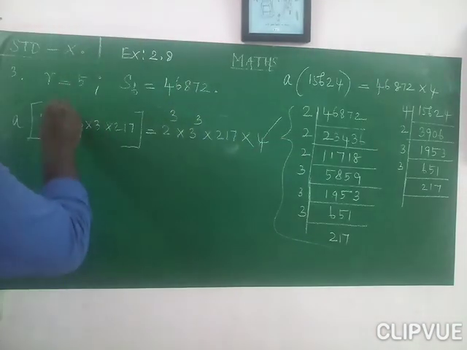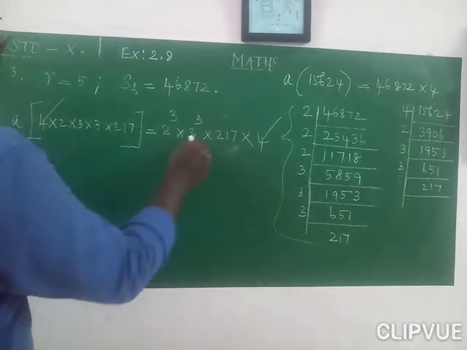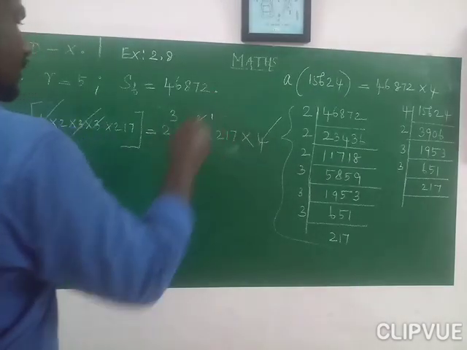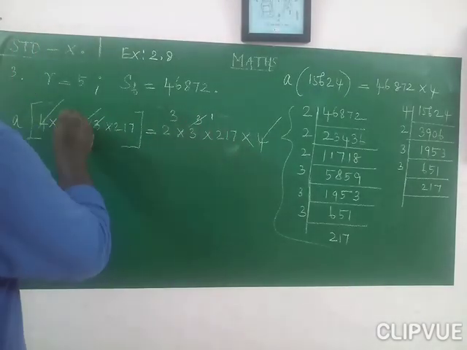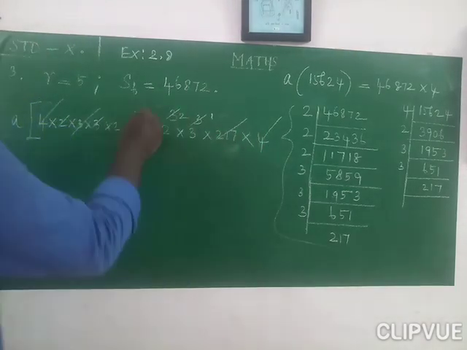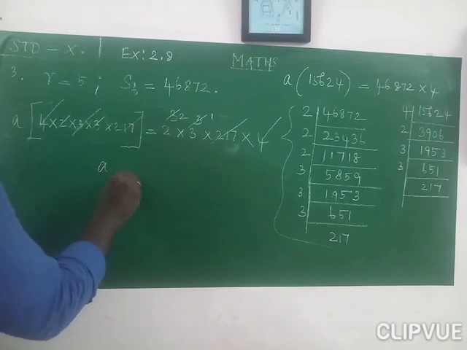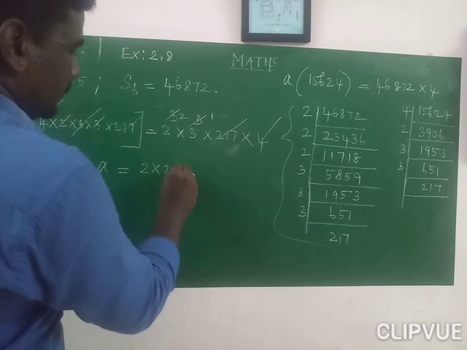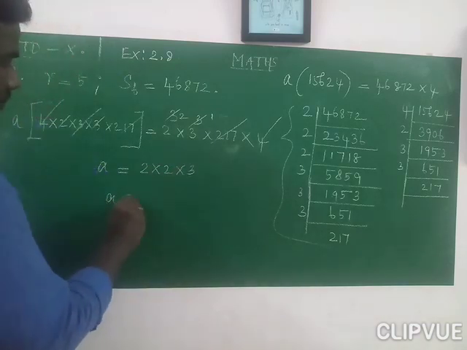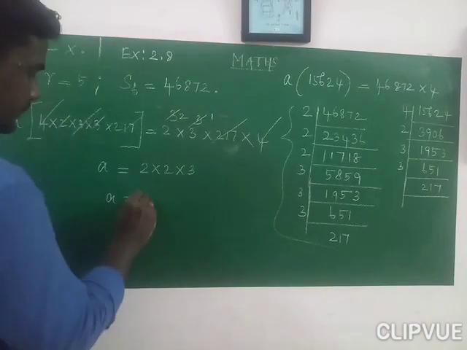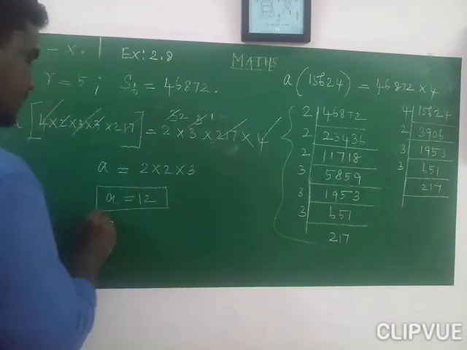Now this 4 will be cancelled. Three appears 3 times here and 2 times there, so 1 remains. Two appears 1 time here, so 2 times remain. 217 cancels. So a is equal to 2 times 2 is 4, 4 into 3 is 12. So the value of a is 12.